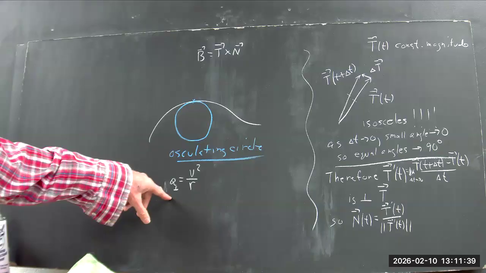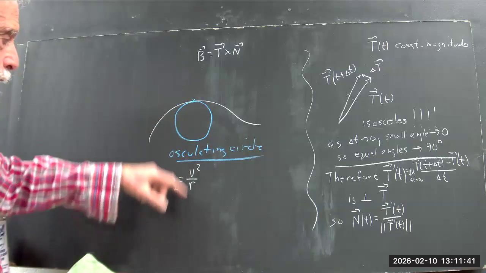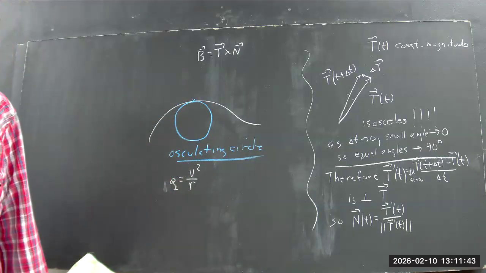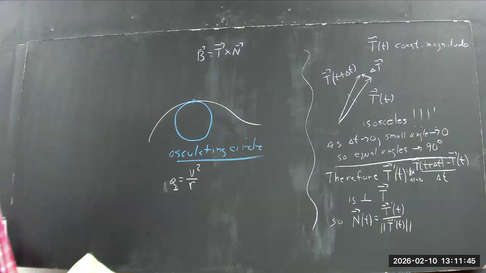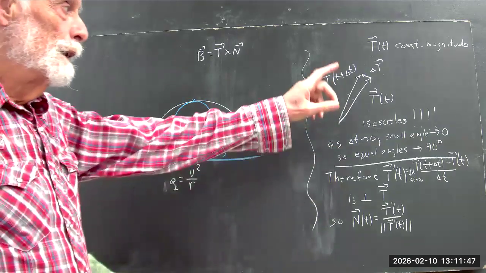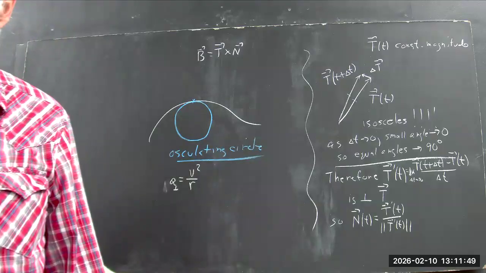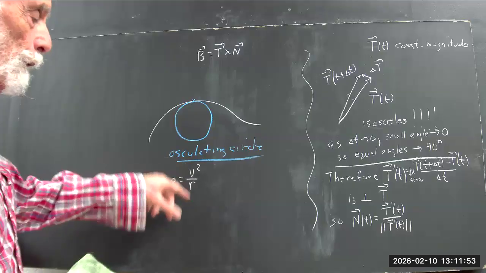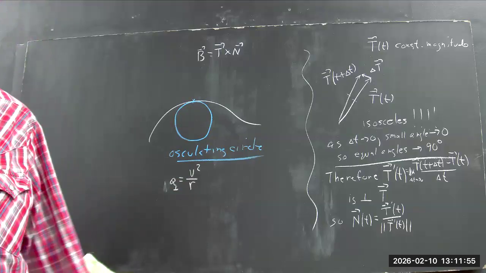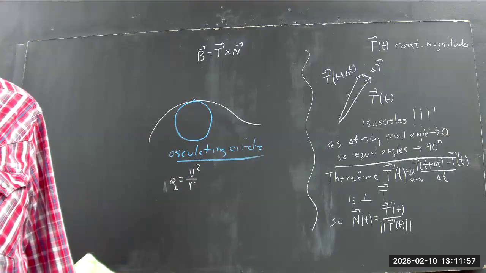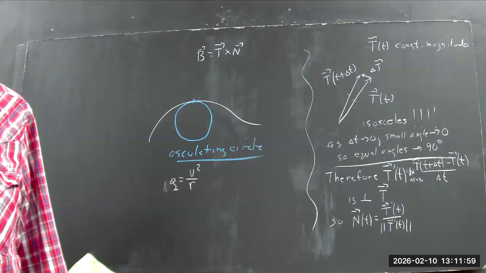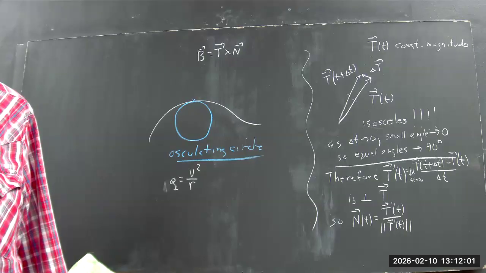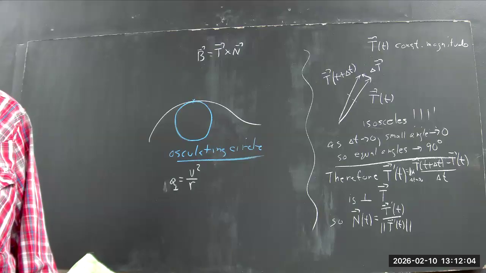The acceleration perpendicular to your motion is equal to v squared over r. If you familiarize yourself with isosceles triangles, you can easily prove this based on middle high school mathematics. You don't need pre-calculus.